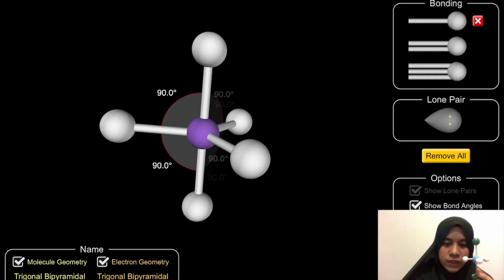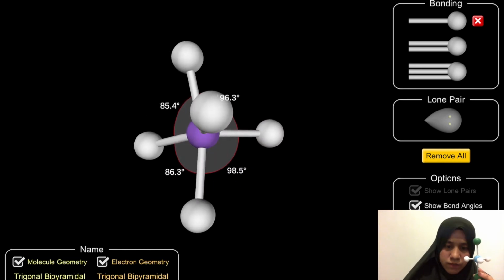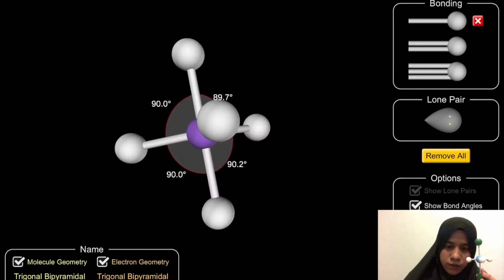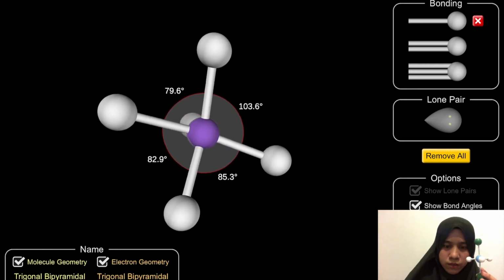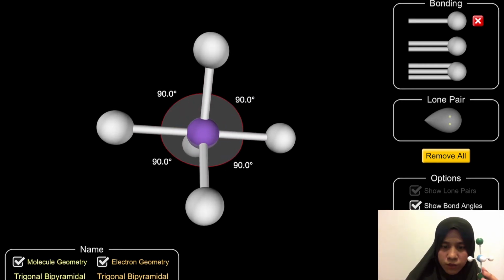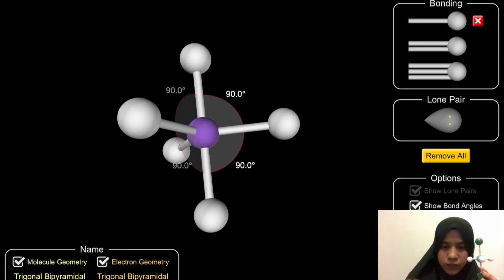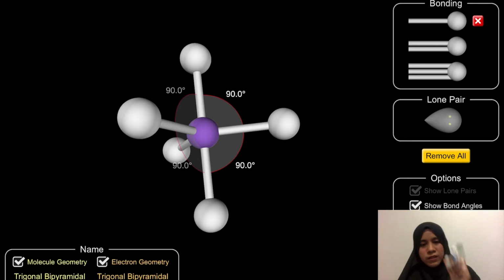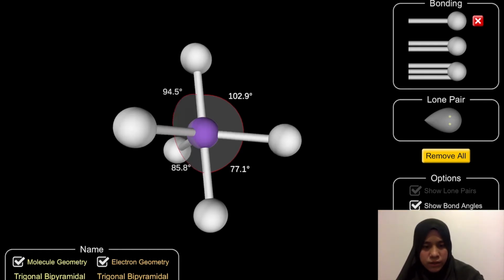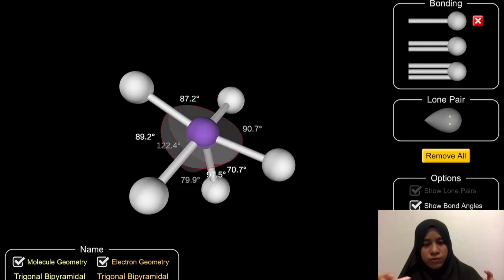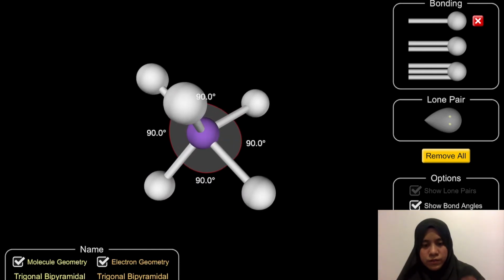Tapi between yang 3-3 ni, alamak, macam mana Miss nak buat dia jadi ni? 120 tu tak nampak pula. Miss pun dia sebenarnya between yang 1, 2, 3 tu sebenarnya 120. Tapi Miss pun tak pandai lah macam mana nak arrange dia. Jika main-main macam ni pun, sama tak? Macam mana ni?